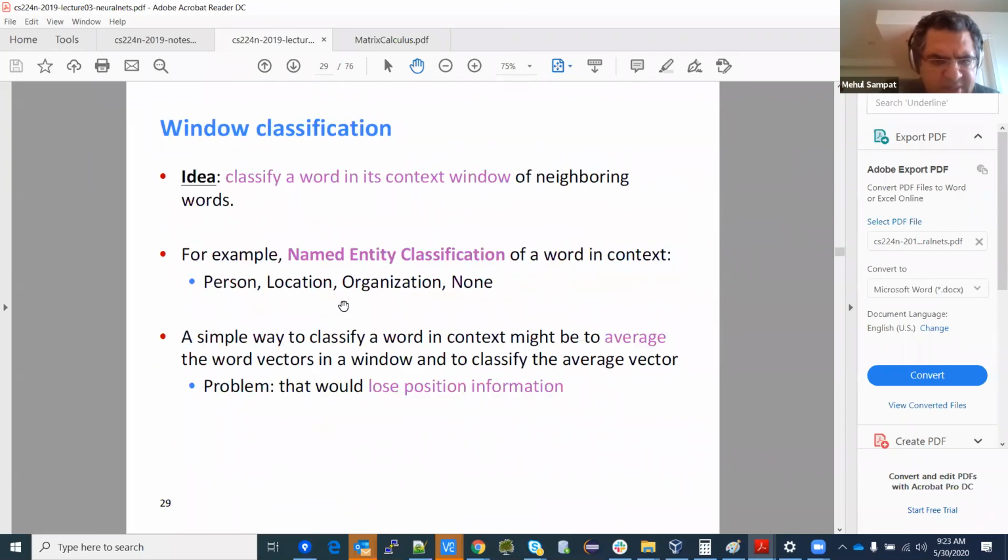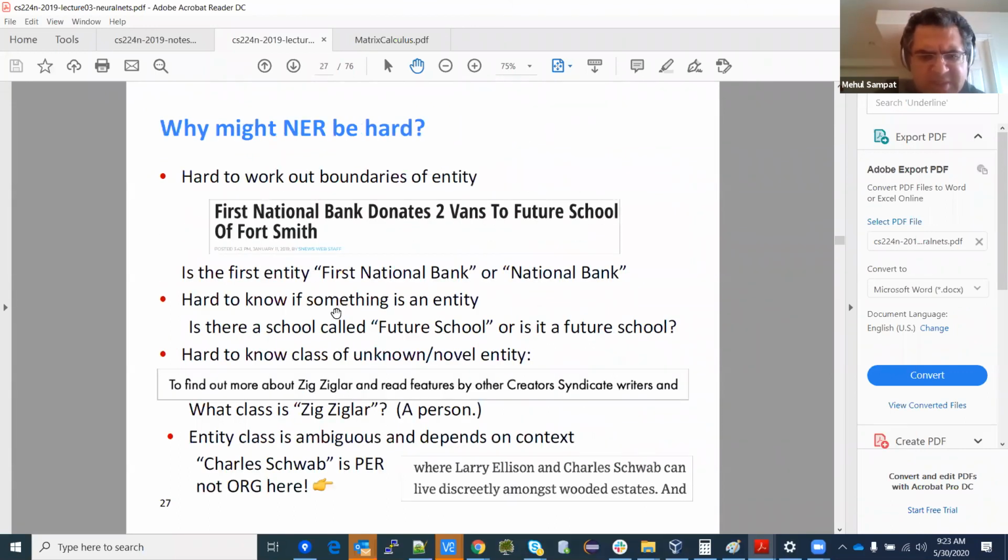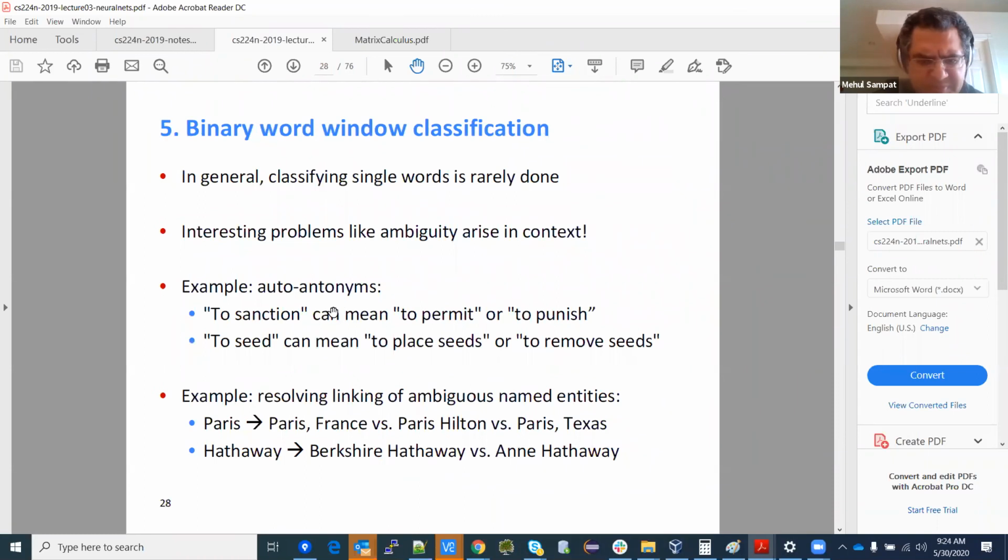So we were at, right, here he explained why NER might be hard, and then you get this intuition for binary word window classification, because the context is important. For example, the two examples he gives: to sanction could mean either to permit or to punish, and to seed is either to place seeds on the ground or to remove seeds from a watermelon.